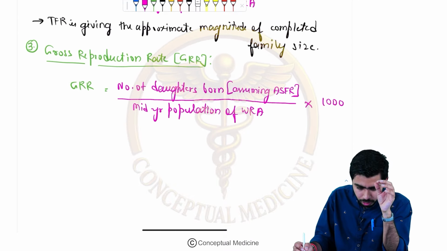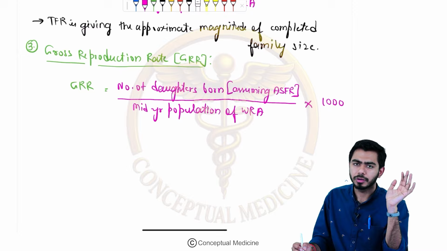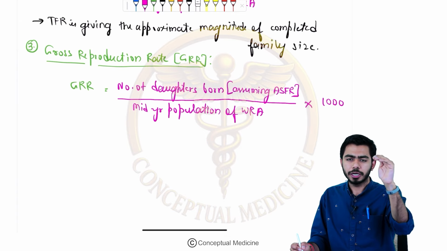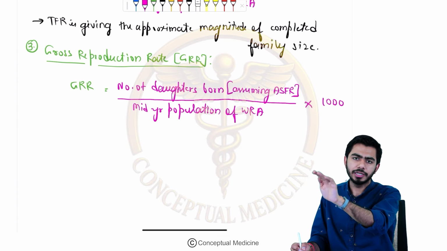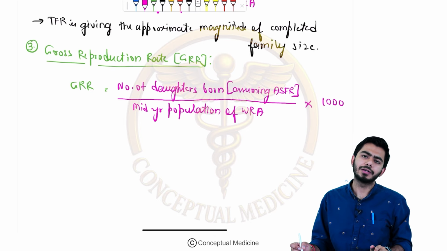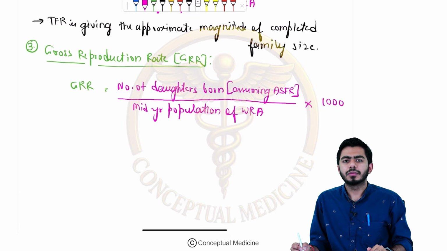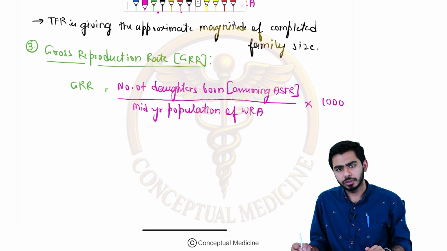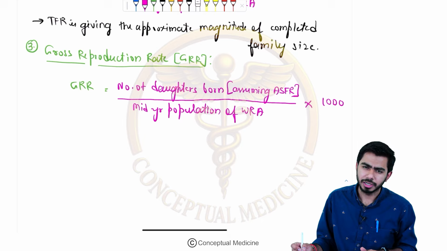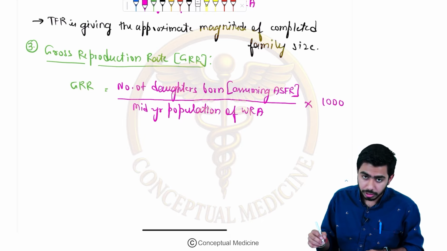Okay guys, this will be your gross reproduction rate. So again, number of daughters born in an area, assuming age specific fertility rate, multiplied by 1000, divided by the mid-year population of women of reproductive age group. Okay, the denominator will be the same in the fertility and the reproduction rate, right?